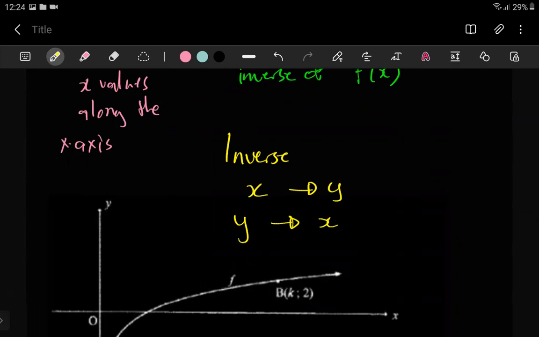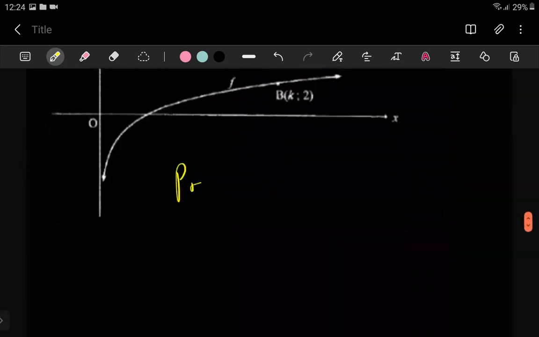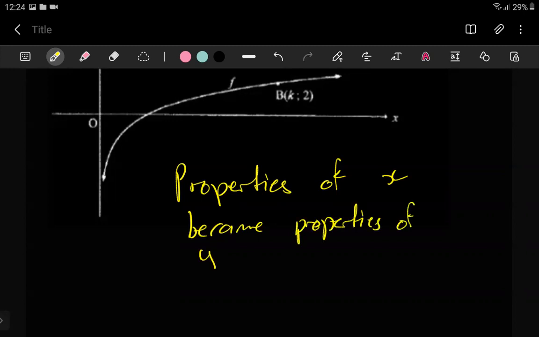But the issue is, apart from just the x values and the y values swapping, what swaps is also all the properties. Properties of x become properties of y, and vice versa.